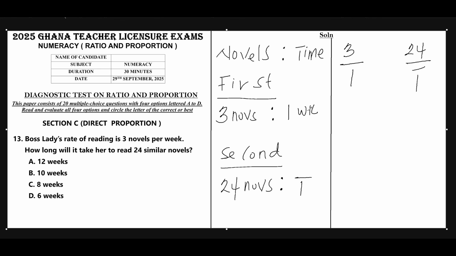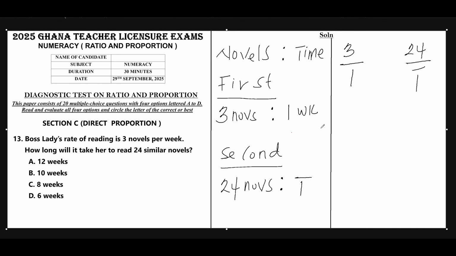So 3 is to 1, 3 on 1. 24 is to T, 24 on T. And we know that this is a direct proportion simply because you could see that all things being equal, if she continues with the same rate, and if within a week she can read 3 novels, then it means that for 24 novels it will take her a longer time. So more novels, more time.